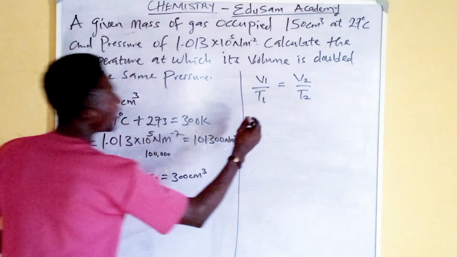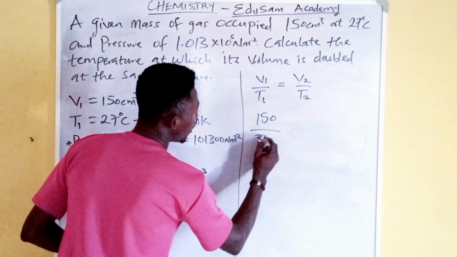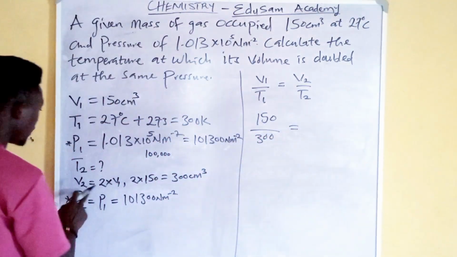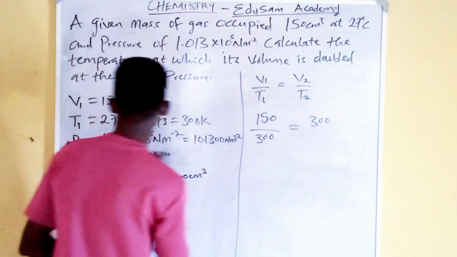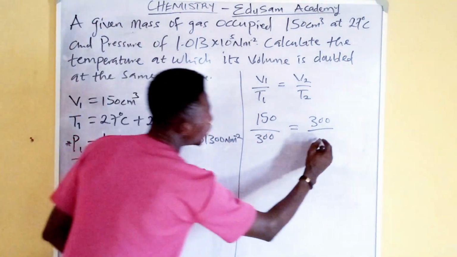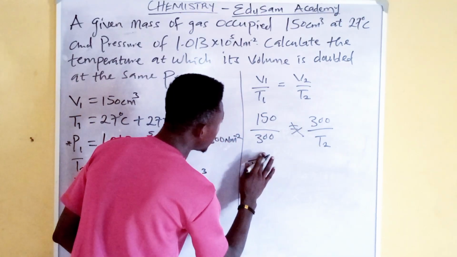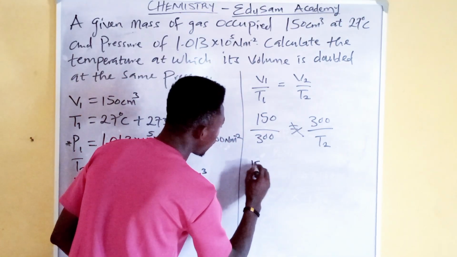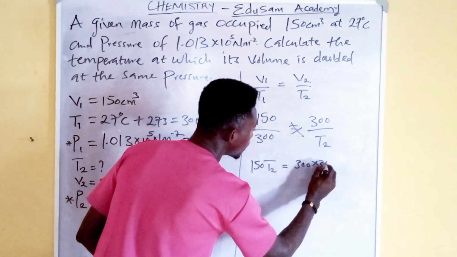So what is my V1? My V1 is 150 divided by my T1, 300, equals my V2, which is twice of V1, which is also 300. That is 2 times 150. Then my T2 is what I'm looking for. So cross multiplying, I have 150 T2 equals 300 times 300.